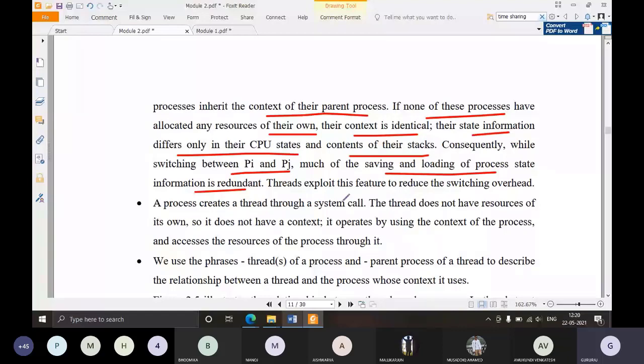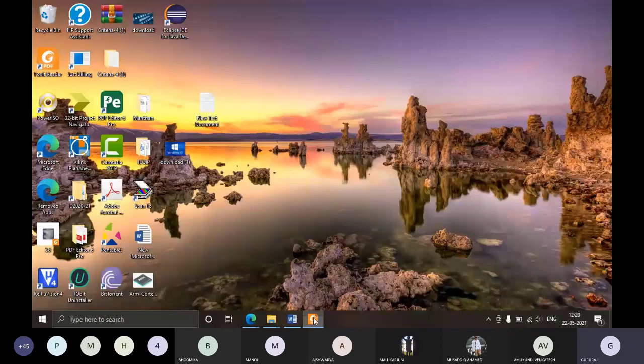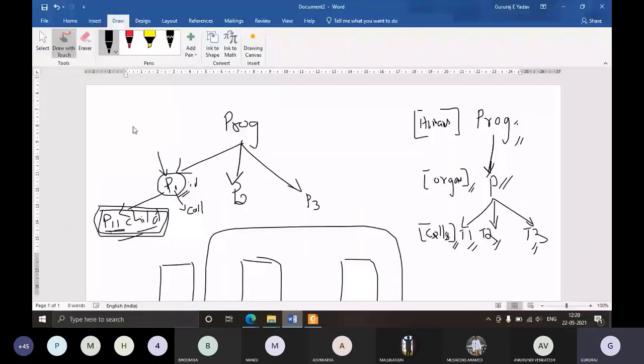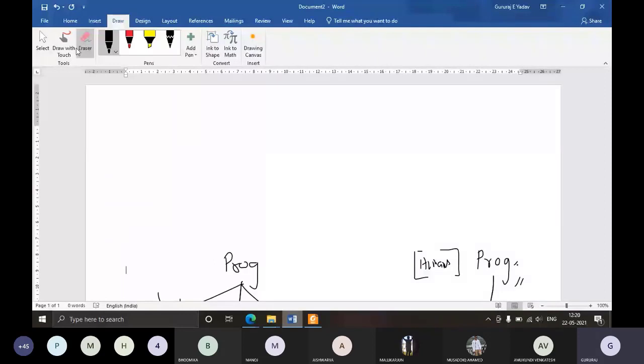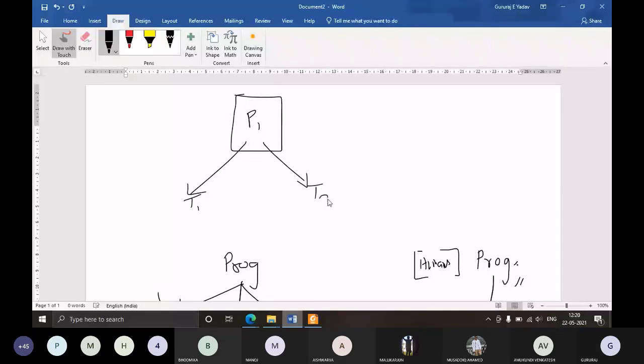As I said, one process can have multiple threads. Let's say we have process P1, which has the process context, and this process has created two threads, T1 and T2. Since we already know that these threads will not be given separate resources, they will utilize the resources of P1 only.